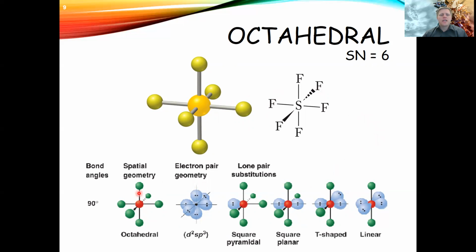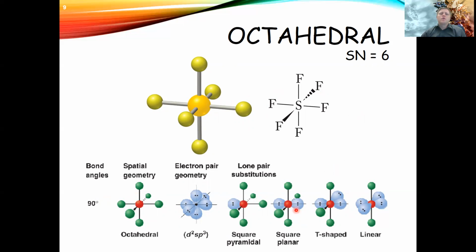Now, when we start taking atoms off of here, we have to be somewhat systematic. So the first atom we replace with a lone pair can go anywhere, but the second always has to be on the opposite side of the first.